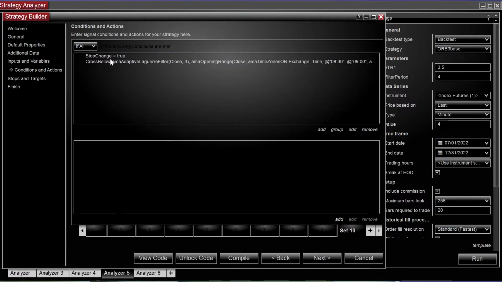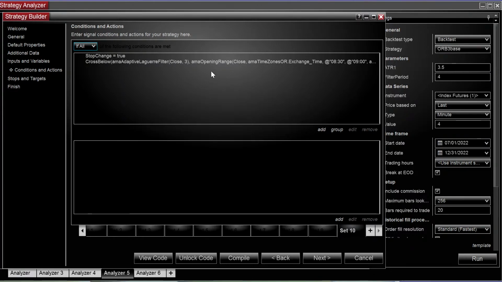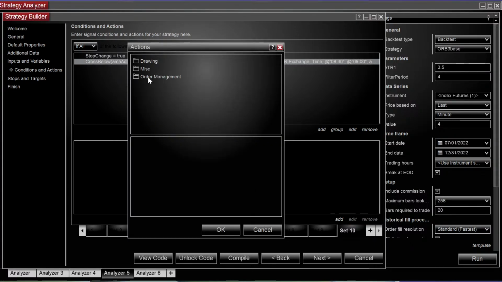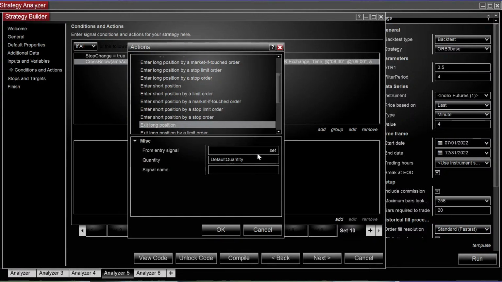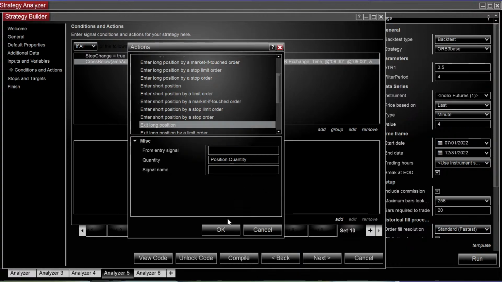So if stop change is true, meaning we added to our winner, everything is looking good over here. Now, while it's true, if we cross below the high, we are going to exit long for our entire position, so current position size.